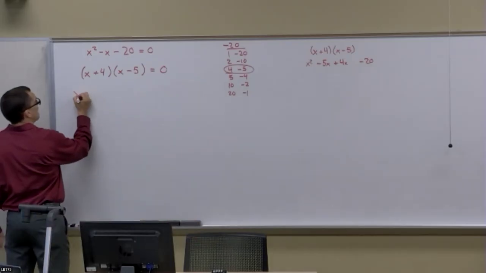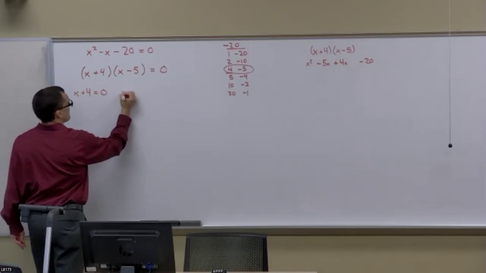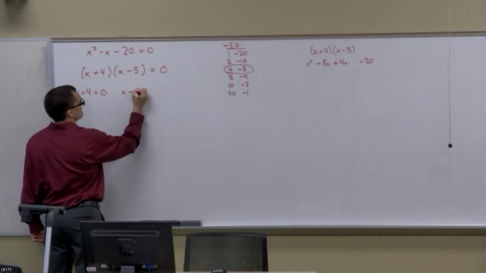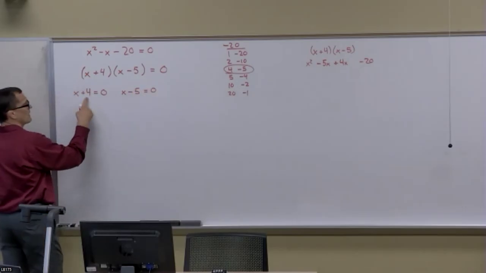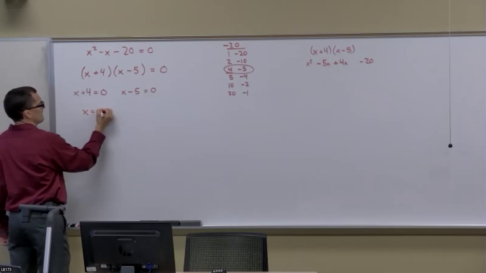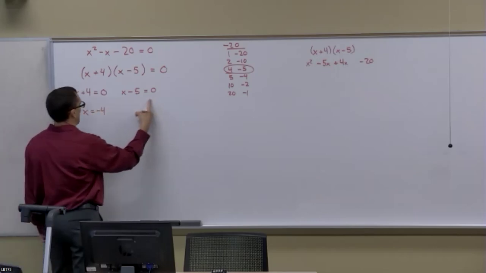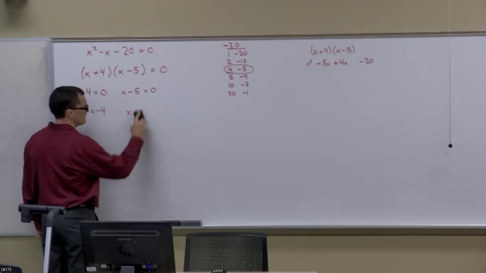And so now I can set each piece equal to 0. I can set the x plus 4 equal to 0 and the x minus 5 equal to 0. When I subtract 4 from both sides here, I get x is equal to -4. When I add 5 to both sides here, I get x is equal to a positive 5.